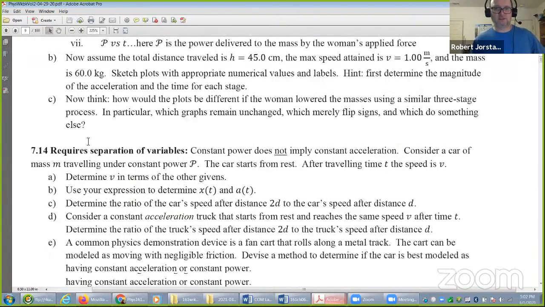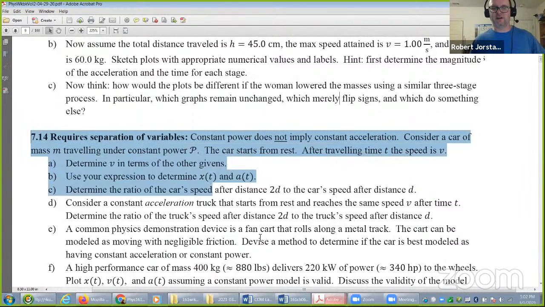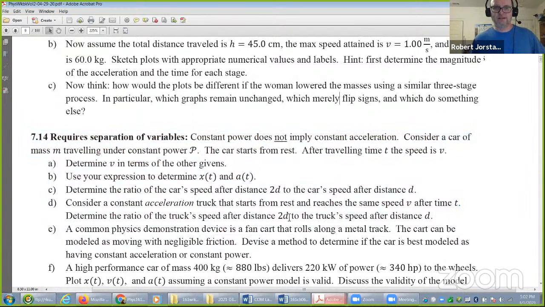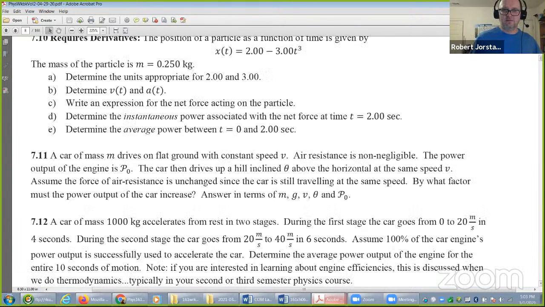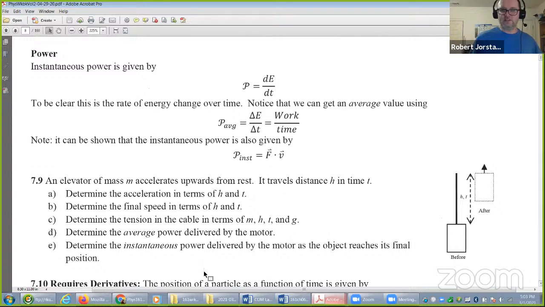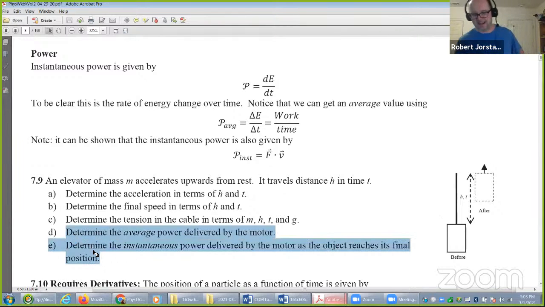And then this one requires separation of variables, so we probably won't spend time on that. But if you're curious, this is a cool problem to read. So we've talked about what happens if you have constant force, right? What if you had constant power? Constant power output is not the same as constant force. Case in point, remember up here, we saw that the power on average was not the same as the instantaneous power.